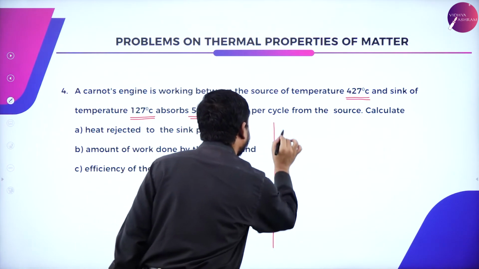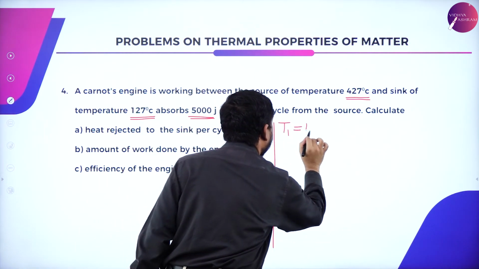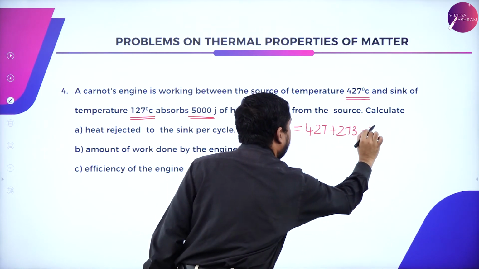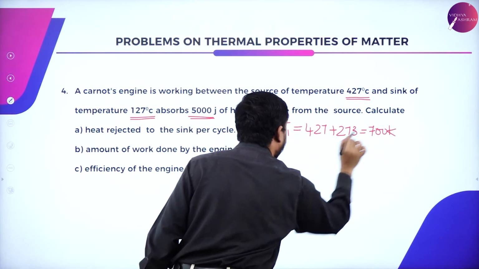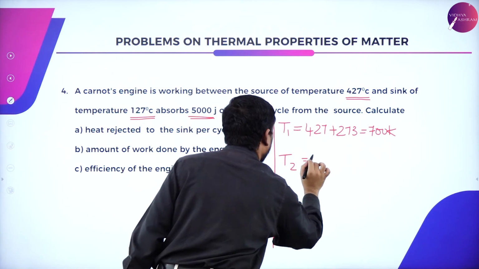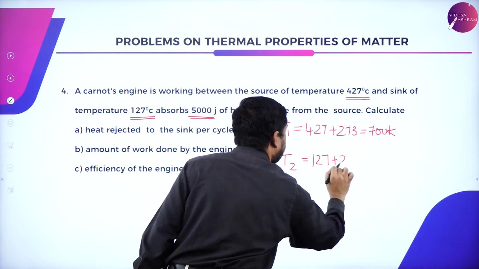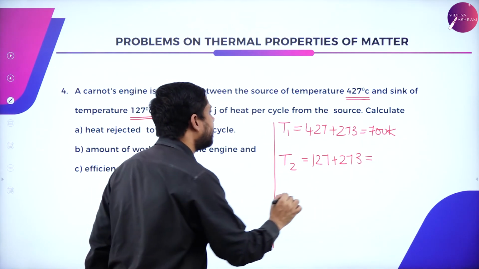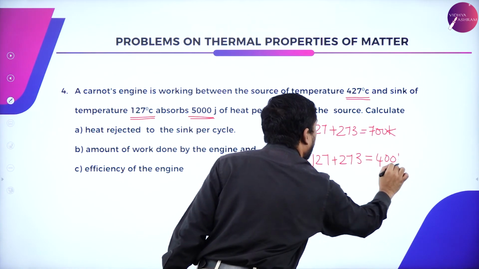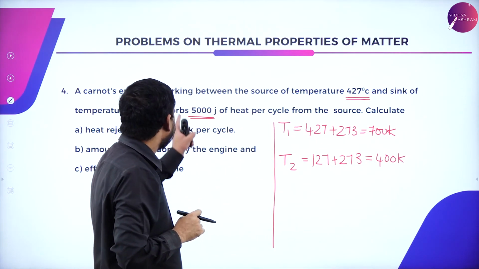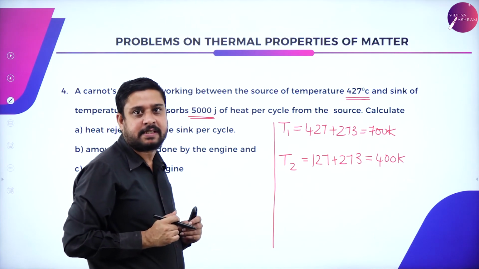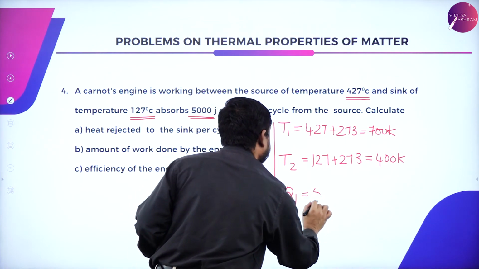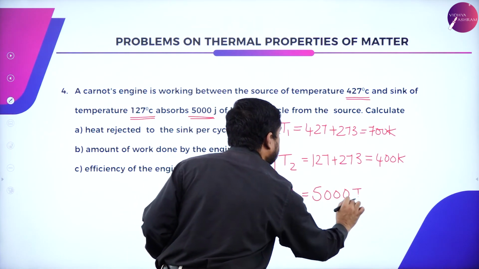So according to the data, T1 is 427 plus 273, which is 700 Kelvin. T2 is 127 plus 273. Take out your calculators, simplify. This is 400 Kelvin. And it absorbs, takes in. So Q1 is 5000 joule.